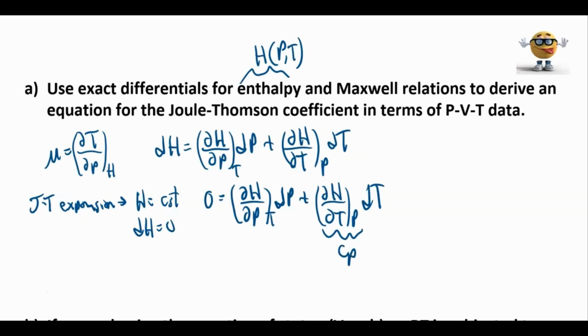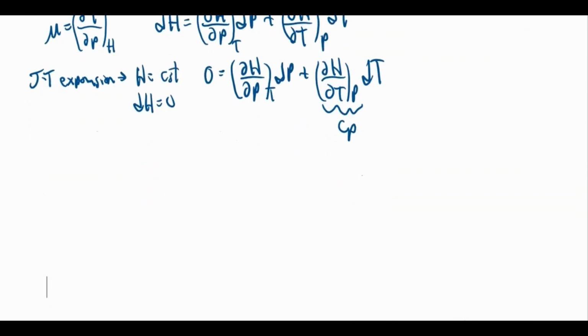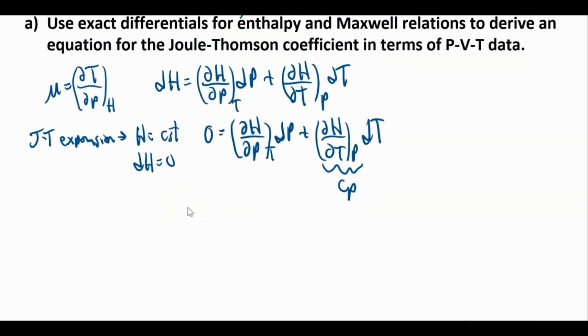So we can plug that in. 0 equals del H over del P at constant temperature, dP, plus Cp dT.